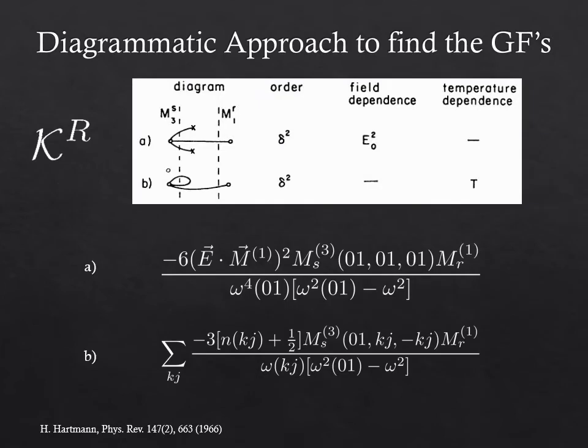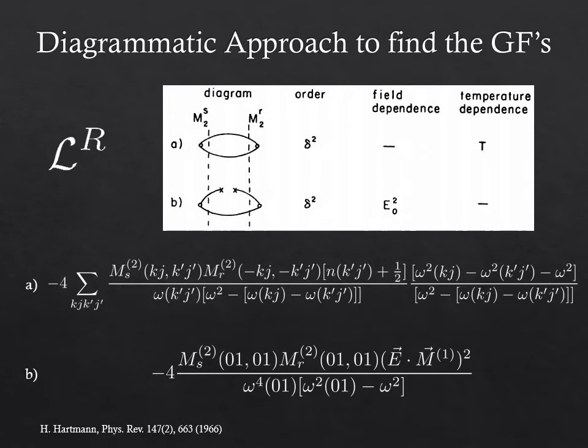And KR only has 2 possibilities. So 3 in the one direction, 1 in the other direction. Again, these are the expressions. I don't have much to say about them that I haven't already said. You can pause and look at them if you want. And then LR, which has 2 on each side coming in, has only 2 possibilities to second order.